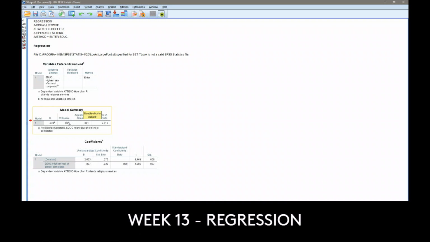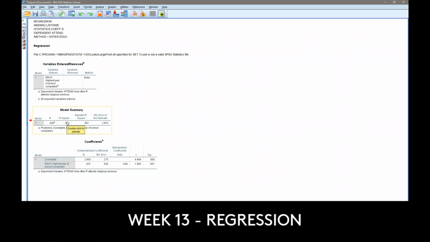Now, typically for R-square, a larger value is better because a larger value means that the predictor variable explains a whole lot of the changes that we see in the outcome variable. This becomes especially important when we are using multiple independent variables. So right now the R-square is really, really small.